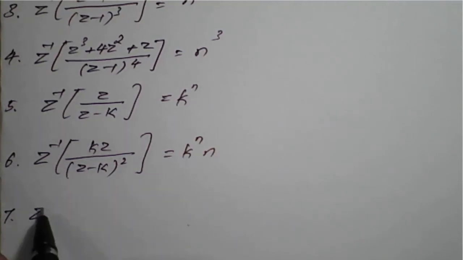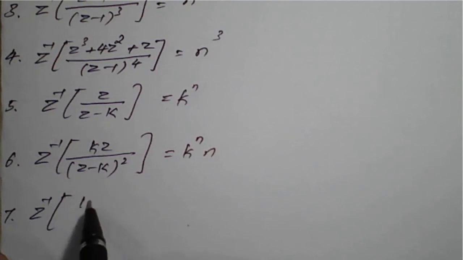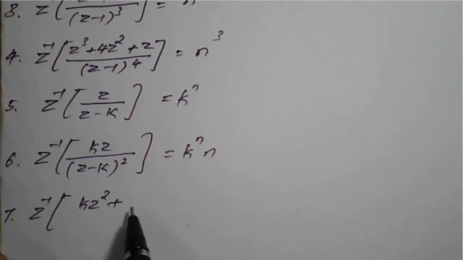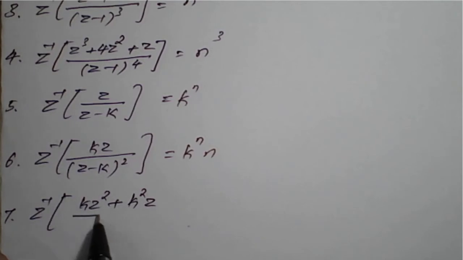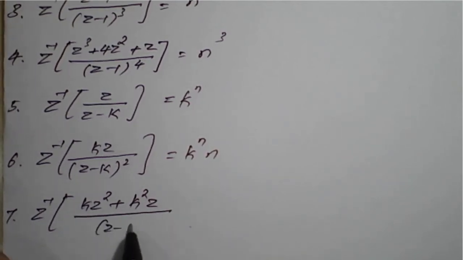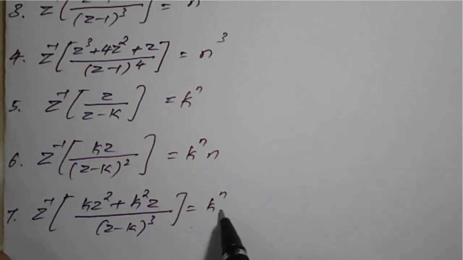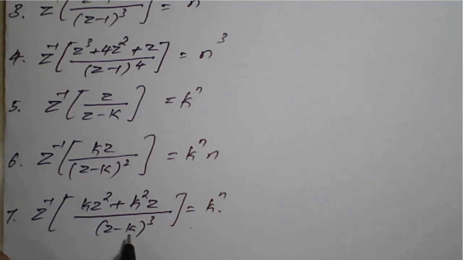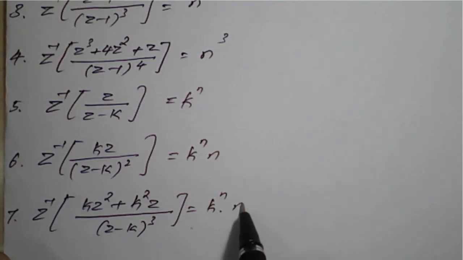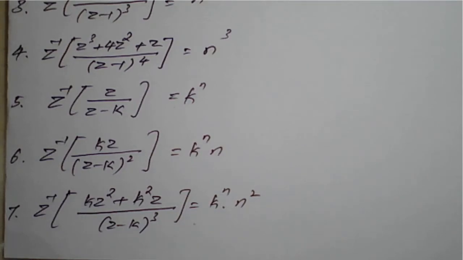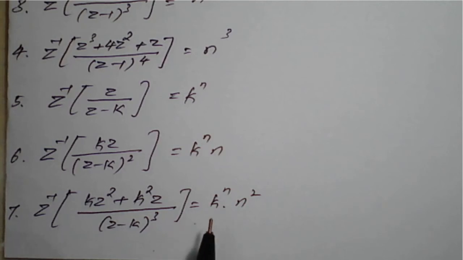Seventh one, Z inverse of kZ square plus k square Z divided by Z minus k whole cube is nothing but k raised to n times n square.